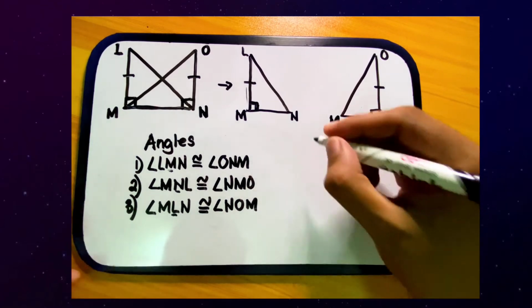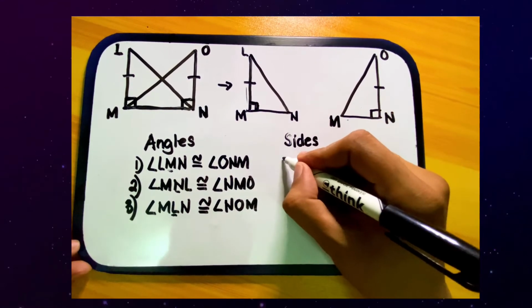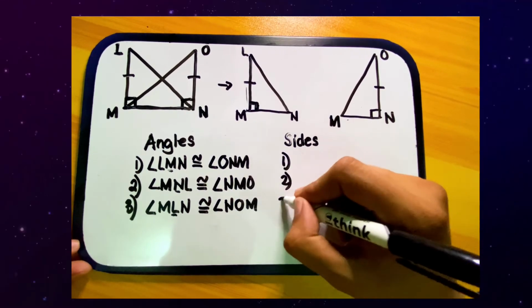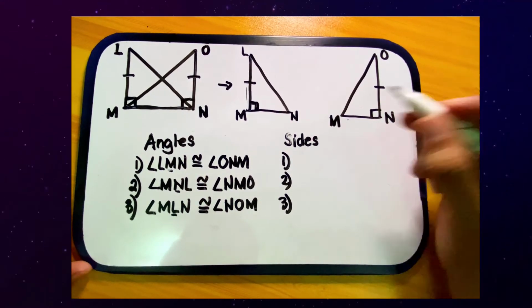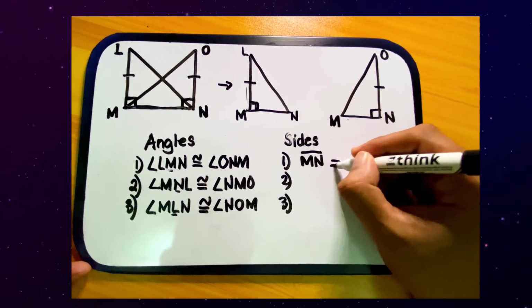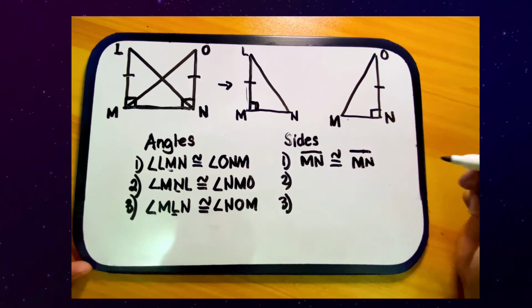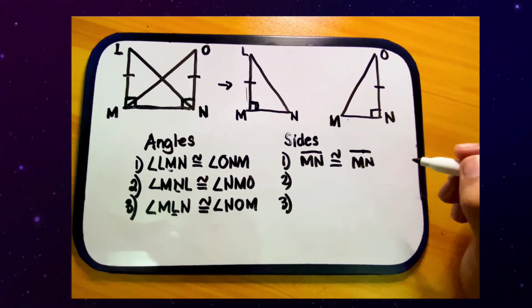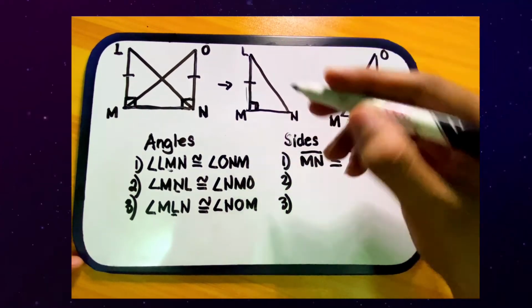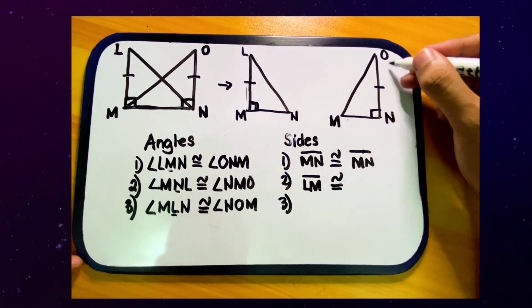For the sides, the first side is, you can go to the common sides. So here, MN is congruent to side MN by reflexive property. Okay. Next, we have LM is congruent to ON.